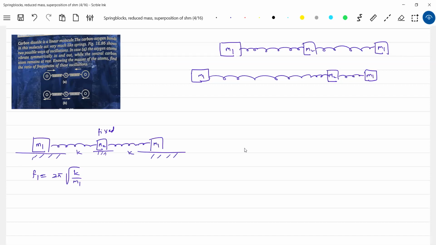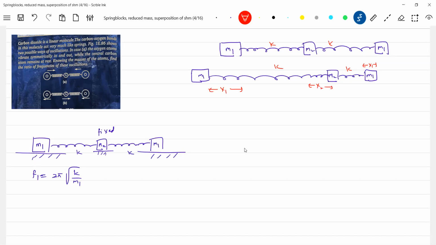Both springs have the same spring constant, K and K. So let this be x1, let this be x1, and let this be x2.